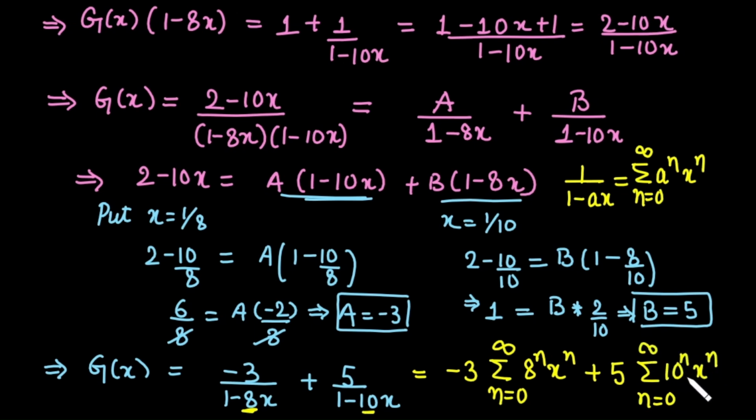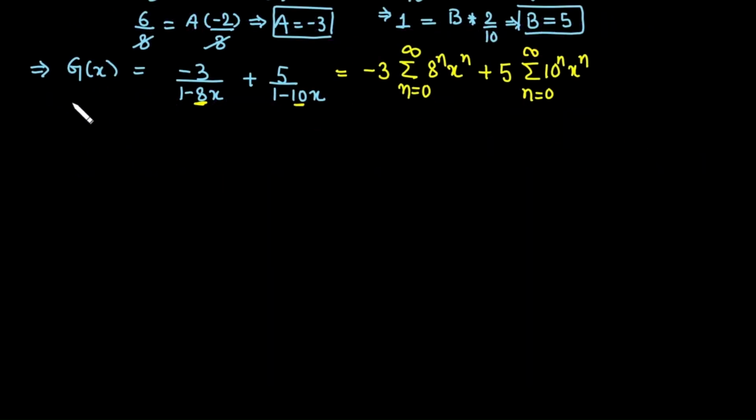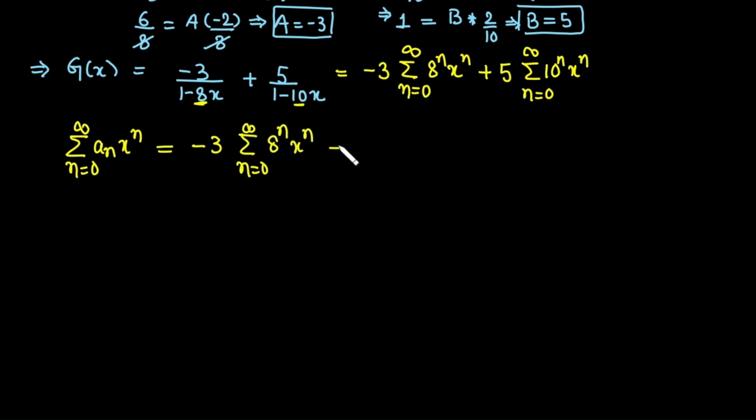Now we need to do the comparison. For the left side we have summation n from 0 to infinity a_n x raised to power n. On the right side we have minus 3 summation n from 0 to infinity 8 raised to power n x raised to power n plus 5 times summation n from 0 to infinity 10 raised to power n x raised to power n. So we need to take summation on the extreme left side and x raised to power n on the extreme right side.